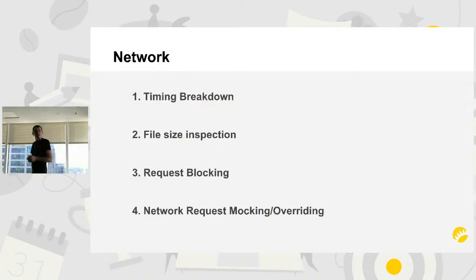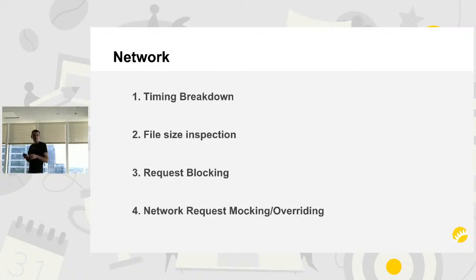And next is network. As you can see, there are only about 4 sections in this part of our meetup, but network is, well, probably hundreds of them, and we'll touch only the tip of this iceberg of the network tab, because there's so much going on, and we won't be touching on analyzing requests and changing them.